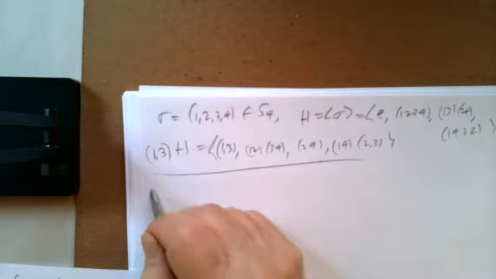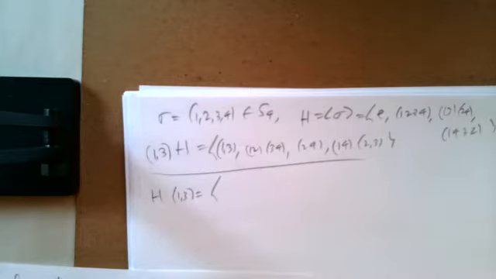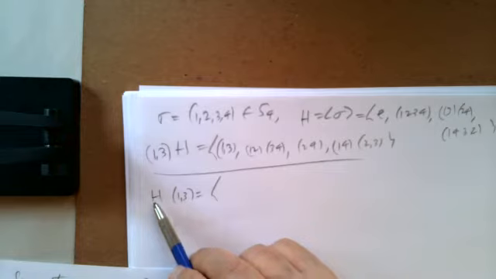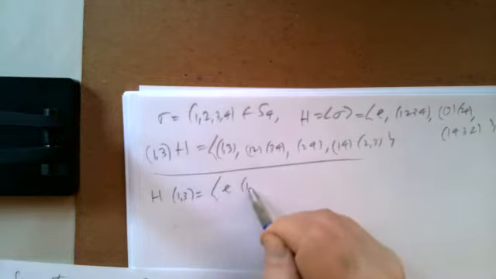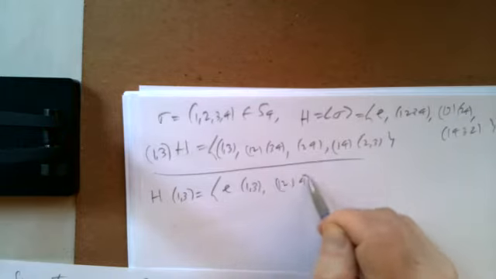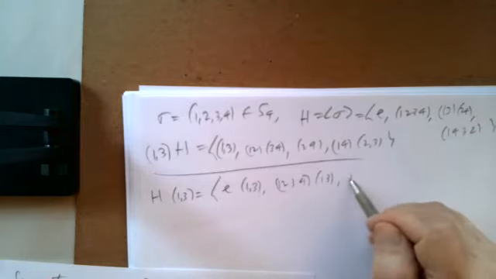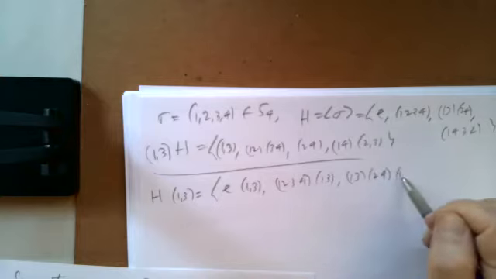And now we have to calculate the right coset. So what's going to be in the right coset? You multiply every element of H on the right by (1 3). So that's E times (1 3), (1 2 3 4) times (1 3), and (1 3)(2 4) times (1 3).